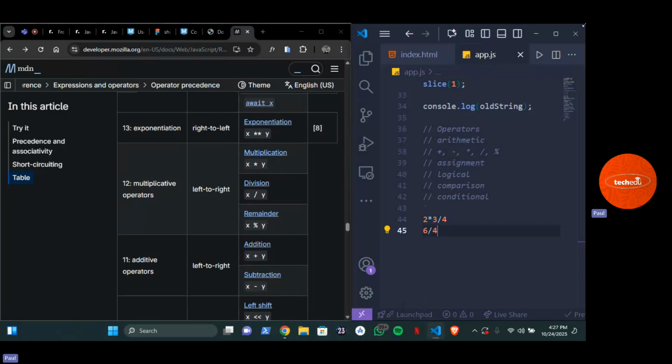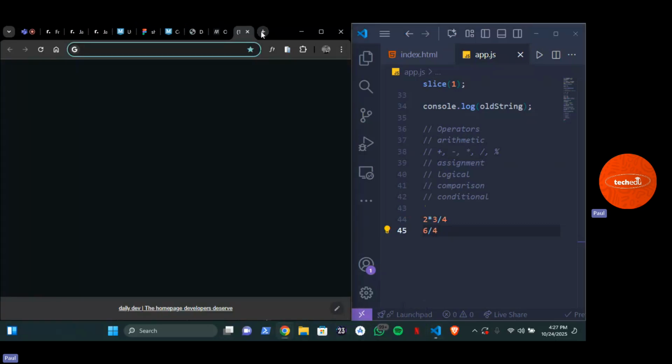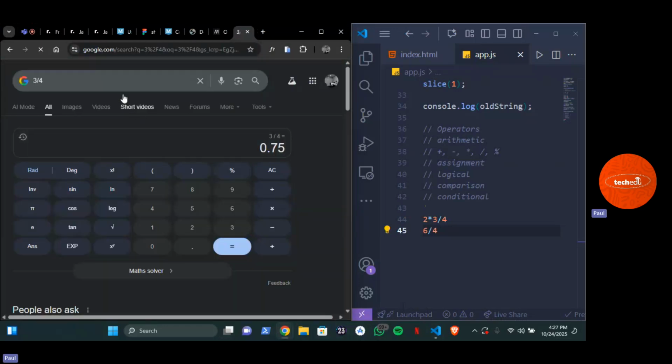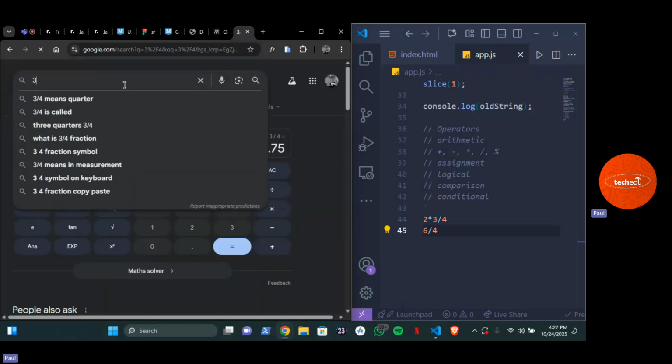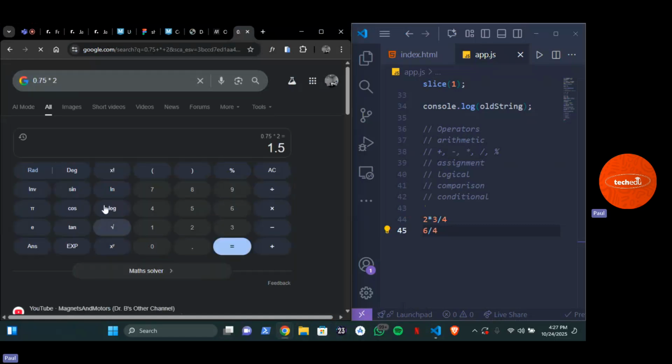I don't have a calculator here, so let me just use the web. 3 over 4 is 0.75, times 2, what do you have? 1.5. You understand? So that's why multiplication and division are inseparable. Either one can come before the other, even in BODMAS. That's basically what it is saying.